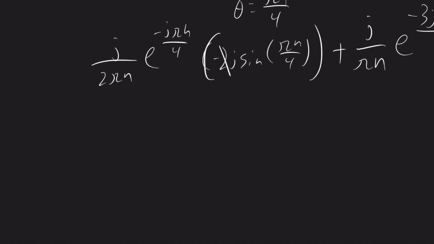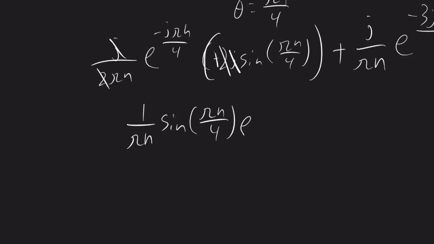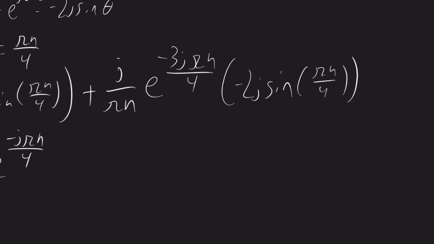This 2 will cancel with that 2. We'll have j times j, which will be negative 1. So that negative will go away. We'll be left with 1 over pi n sine of pi n over 4 times e to the negative j pi n over 4. And for this next term, we'll have j times j, which will be negative 1.